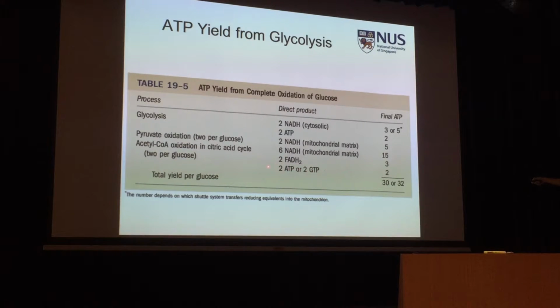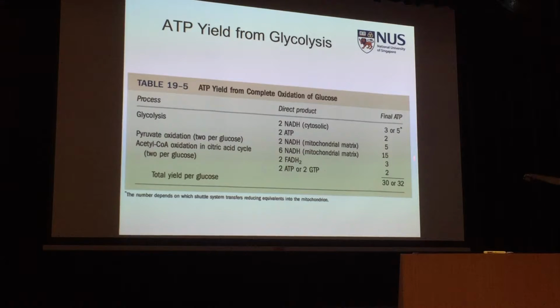And you also have ATP or GTP in this case. This is the substrate level phosphorylation occurring during the cycle. So 6 times 2.5, you get 15. 2 times 1.5, you get 3. And 2 ATP is 2 ATP.